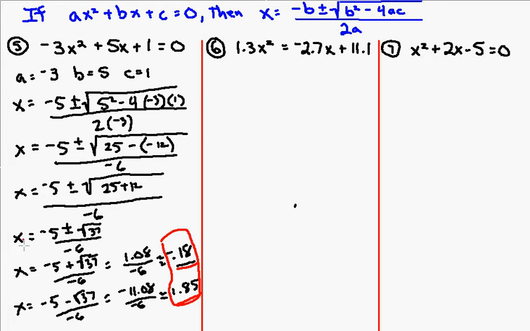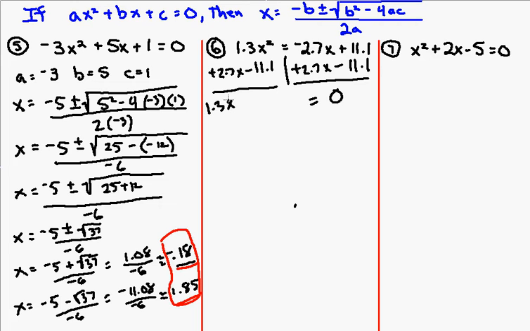Going to number 6. Here, in order to rewrite this equation, if I were to add 2.7x and subtract 11.1 from both sides of the equation, this would go to 0 on the right side, and on the left I would have 1.3x squared plus 2.7x minus 11.1.